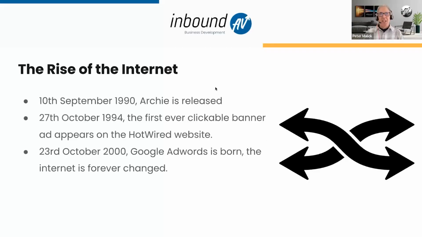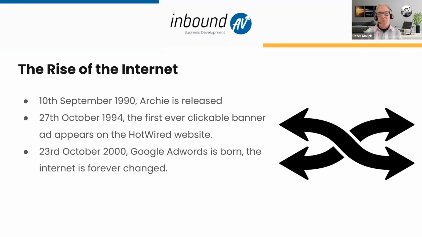So with the rise of the internet, and I didn't even know this, but my researcher provided this interesting little factoid: on the 10th of September 1990, Archie, the first search engine, was released, which I think is possibly entirely irrelevant, but also an interesting factoid.